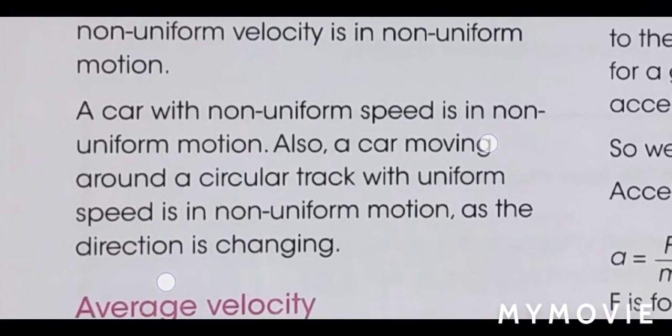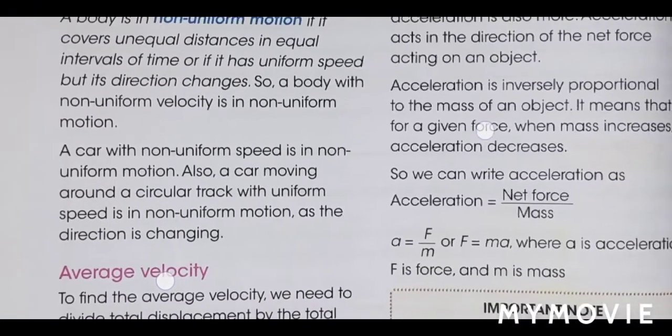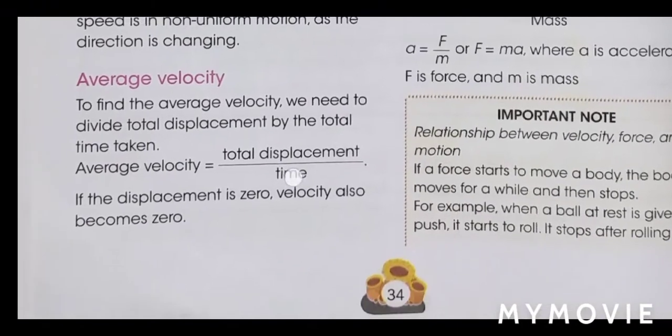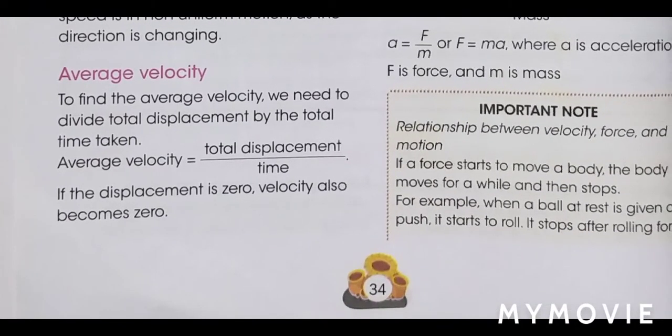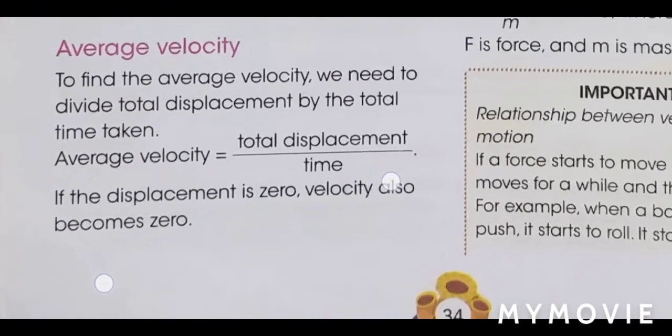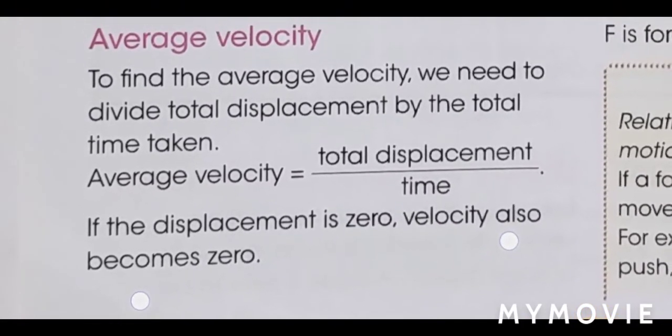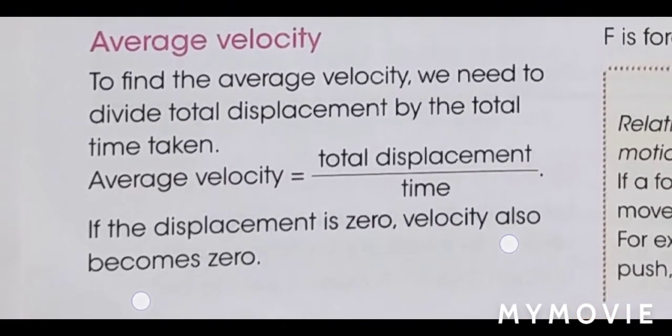Now next part is average velocity. You can see the formula in the textbook. Average velocity is equal to total displacement upon time. If a body covers a forward journey and also a backward journey, we take the total displacement.